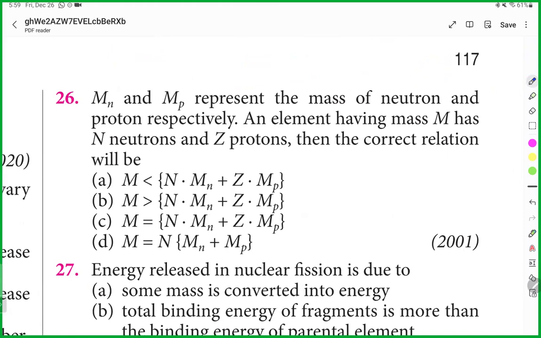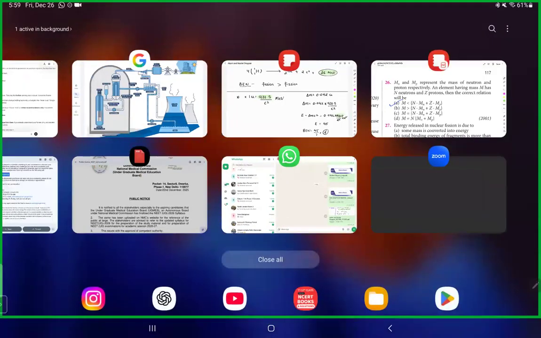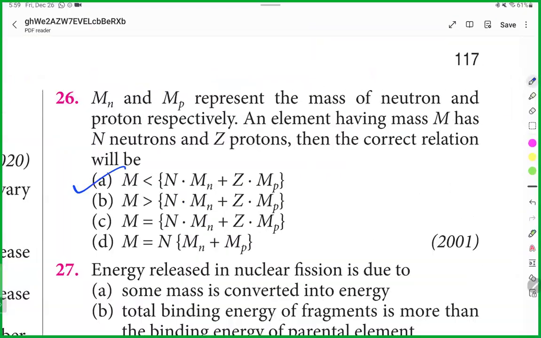And neutron and proton. Why? I told you, because of the mass defect, constituents have more mass compared to the nucleus mass.